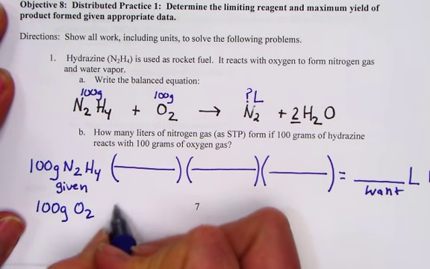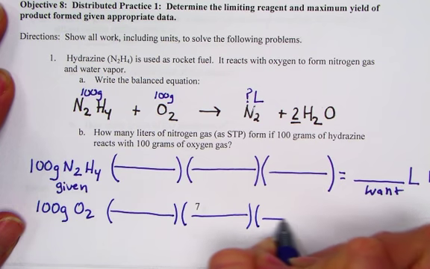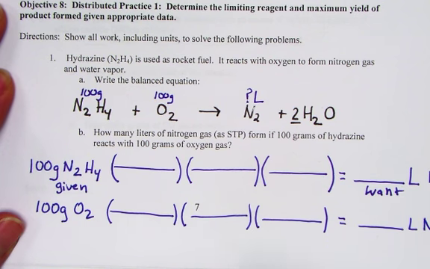Given 100 grams of oxygen, let's set up the journey with our 3 parentheses with the same target, liters of N2. We'll carry out the 3 steps of stoichiometry and compare our final answer. We know the maximum yield can be the smaller of the 2 values. The limiting reagent determines the maximum yield.